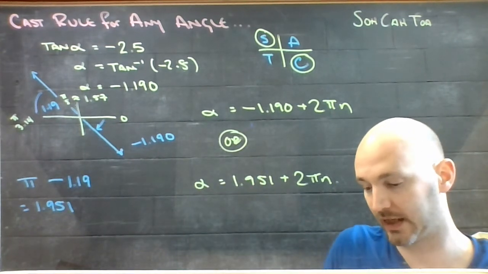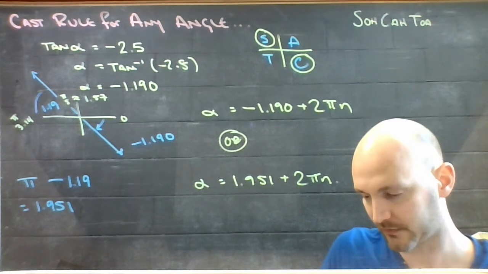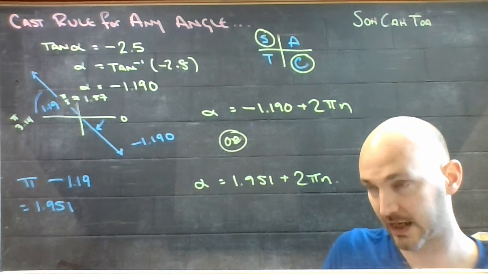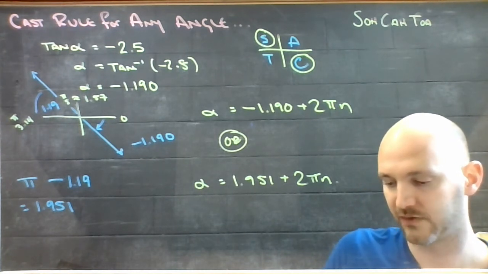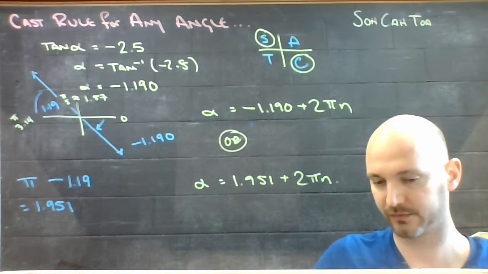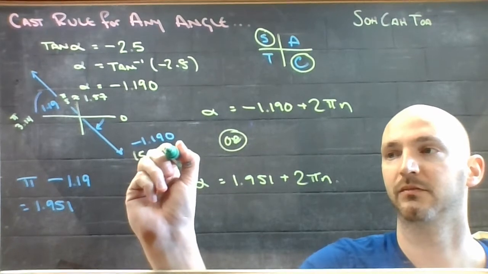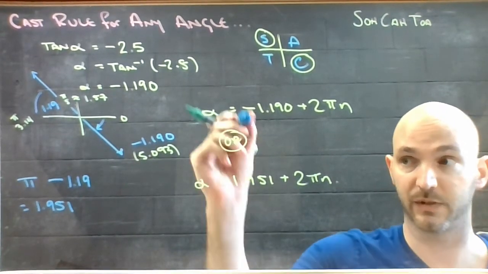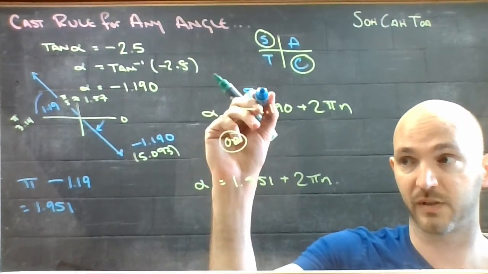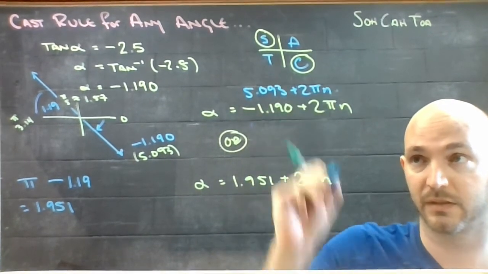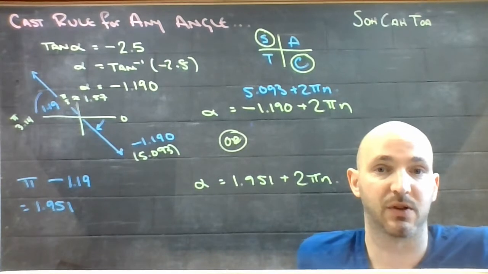If I were to do that, 2 pi plus negative 1.19 gives me 5.093. If you wanted to, you could call this one 5.093 plus as many rotations as you like. And then you wouldn't be returning a negative answer.